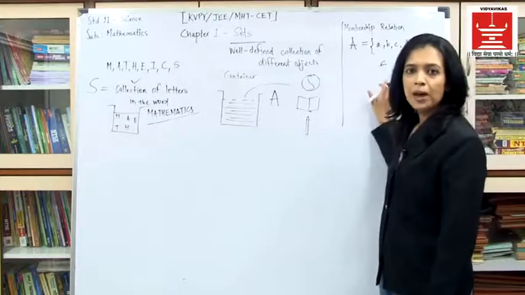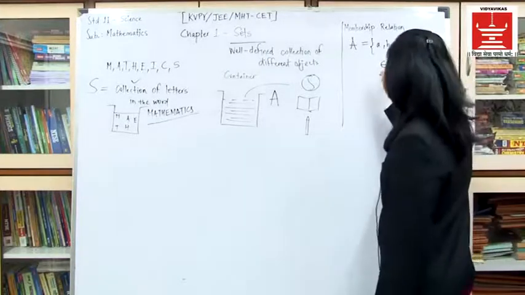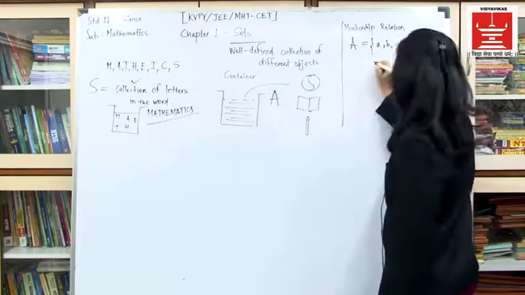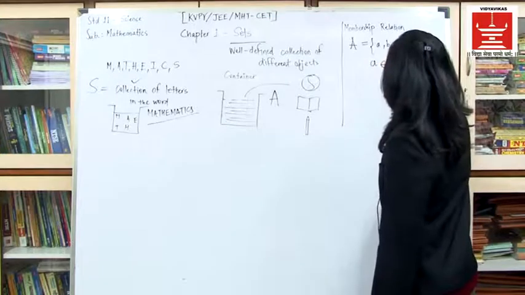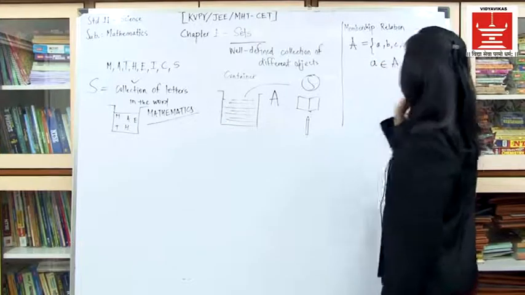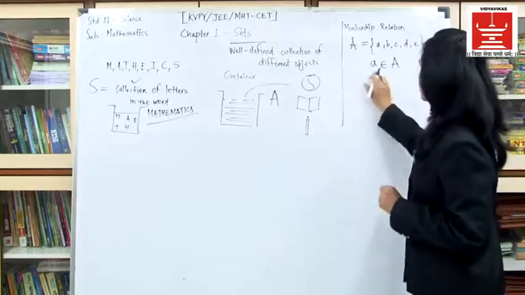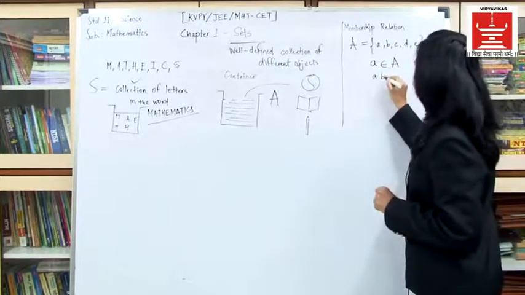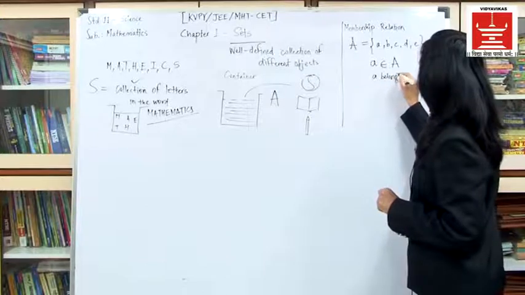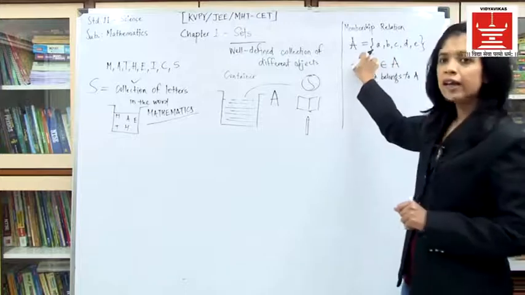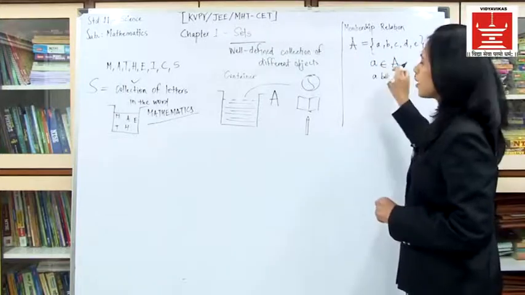In this context, it defines the belongs-to, the membership relation. So we say that a belongs to A. For some set A, the small a is in fact a member of A.